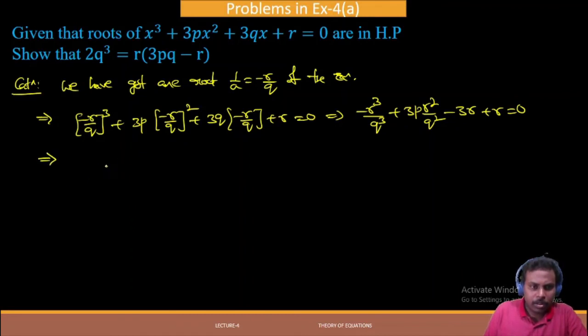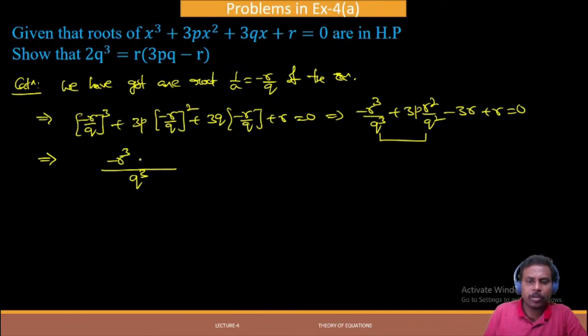So if I consider the first two terms, then the LCM is q cube, this is minus r cube plus 3pq into r square, this is minus 2r is equal to 0.